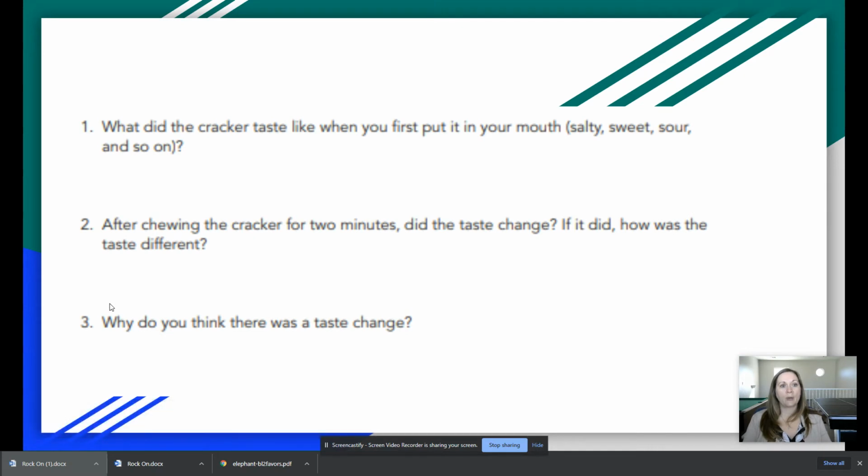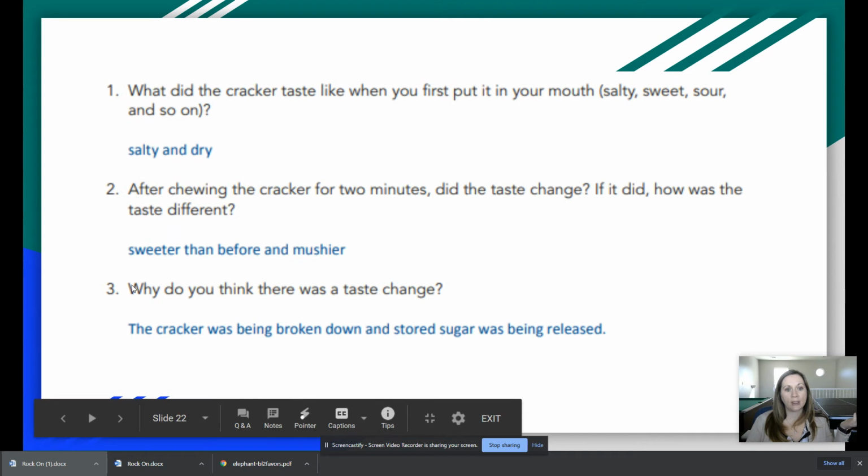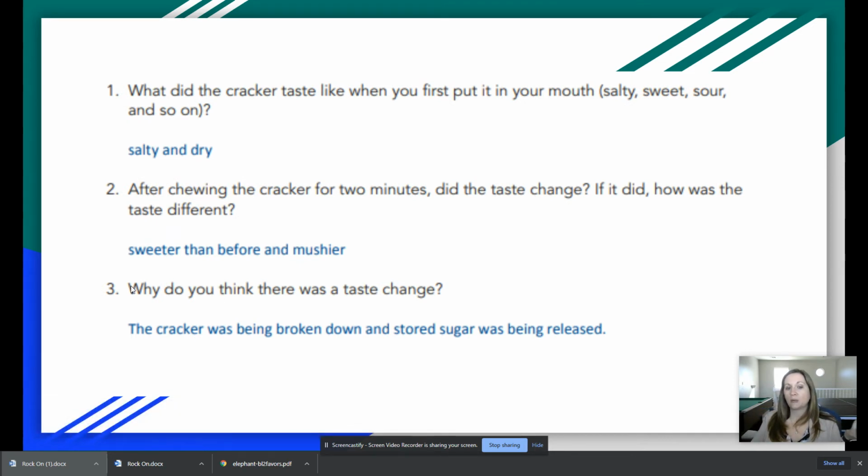All right, what did the cracker taste like when you first put it in your mouth? This is the time when we just were tasting it, right? It should have tasted salty when you first put it in your mouth. And then after chewing the cracker for 2 minutes, you should have noticed that it started to taste sweeter and it was much mushier than before. Okay, so why do you think there was a taste change?